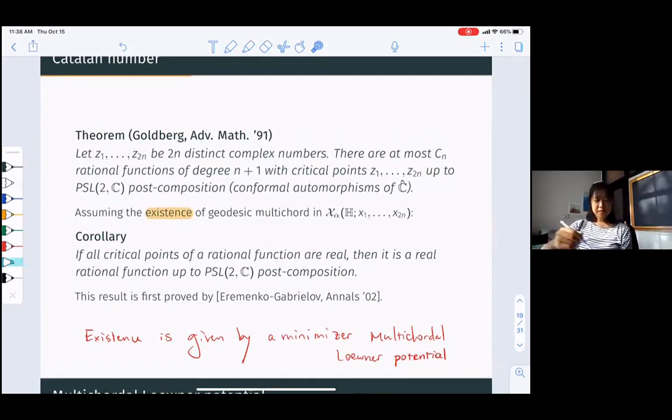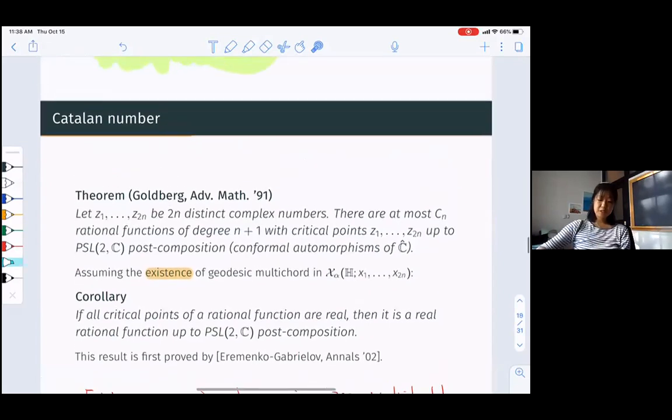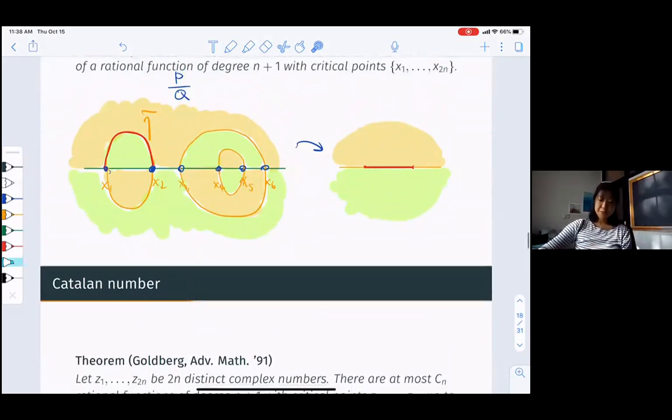And another corollary is that if these critical points are all real, then the function is actually equivalent to a real rational function. By real rational function, I mean that the coefficients of the P and Q are all real. And you can see that from this construction, it's explicit. It's mapping the real line to the real line, so the coefficients have to be real.